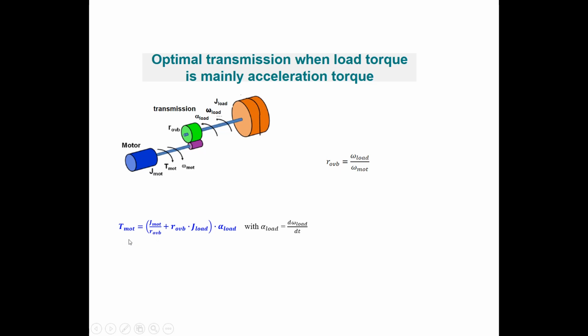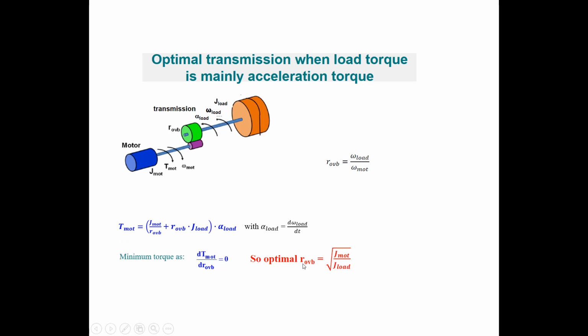We are looking for a local minimum of this function, and we can get that by taking the derivative of the motor torque with respect to the transmission ratio R_OVB and setting that to 0. When we work that out, we get the optimal R_OVB in order to get the lowest motor torque.